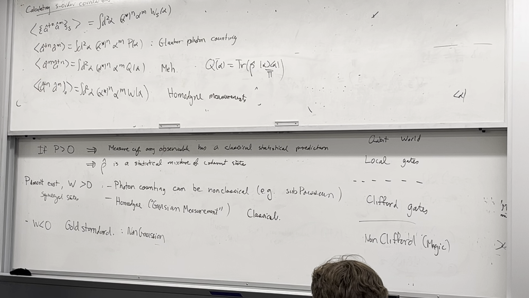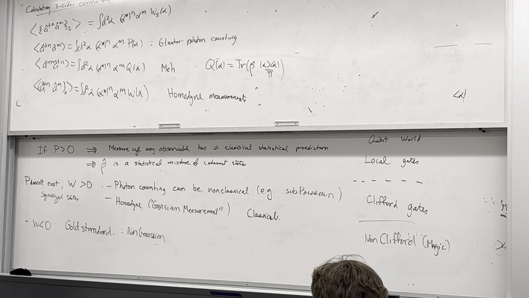I want to talk about the problem of boson sampling. This was the first problem that was discussed as a way of achieving so-called quantum supremacy. We don't use those words anymore, but it means something.